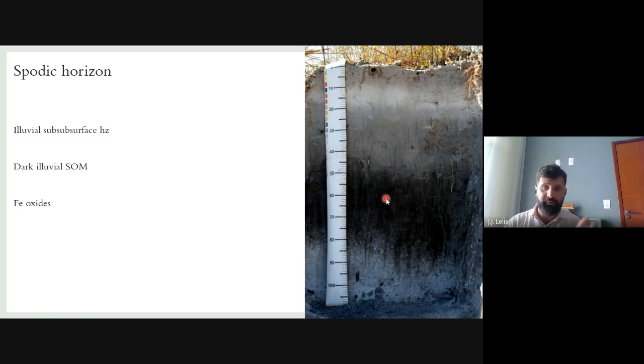Nowadays, of course, the water table level migrates to a down position.